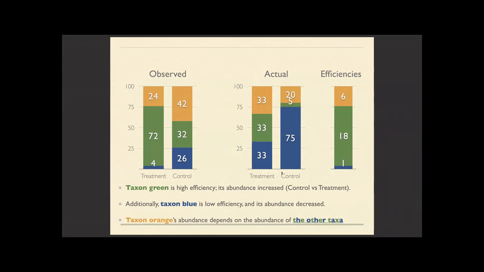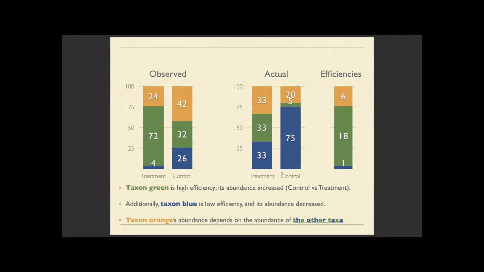So how do we conceptualize this enormous difference between the actual relative abundance profiles and the ones we observe? The green taxon is a high efficiency taxon. It's essentially over-detected compared to its actual abundance in the community, because it has a much greater efficiency than the other taxa.